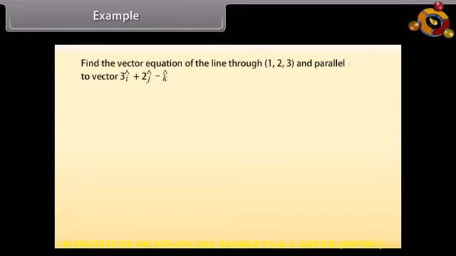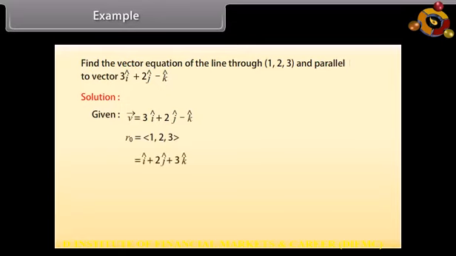Example. Find the vector equation of the line through (1, 2, 3) and parallel to the vector 3i cap plus 2j cap minus k cap. Solution. Given vector v equals 3i plus 2j minus k. The position vector a equals (1, 2, 3) equals i plus 2j plus 3k.